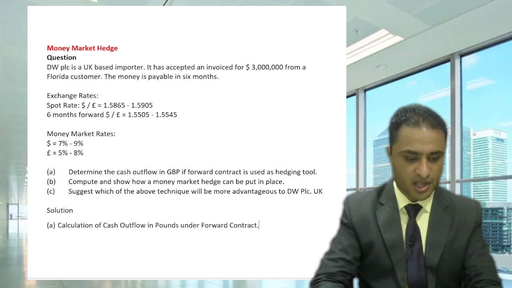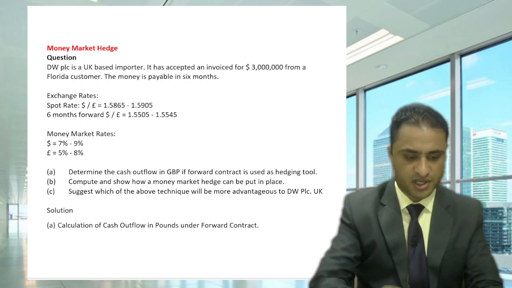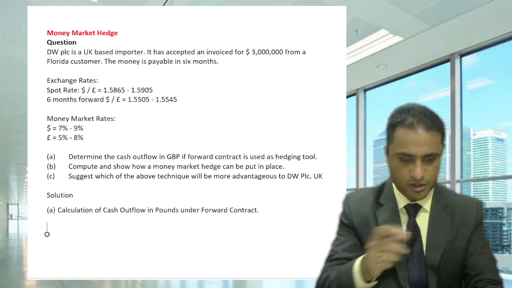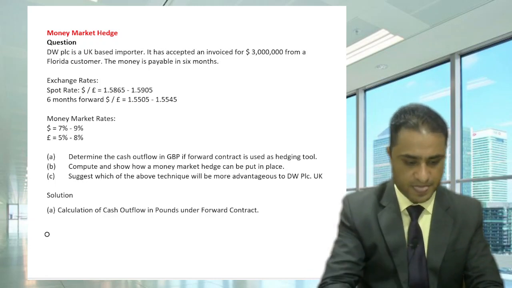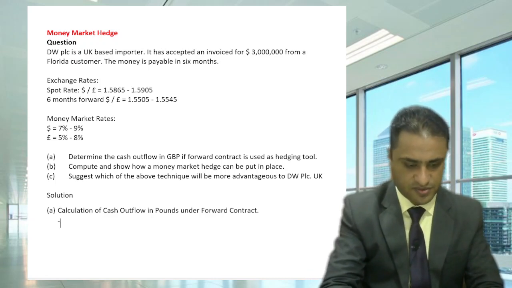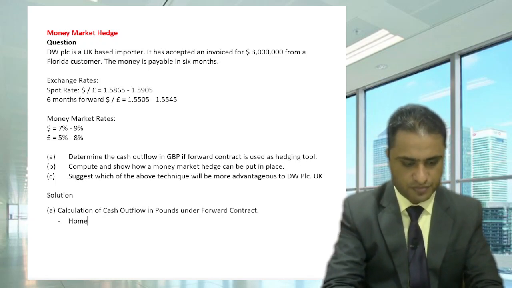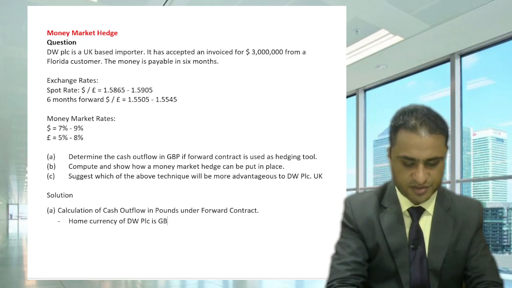So what we are supposed to do, let's first determine what we have and what we have to buy and what we have to sell. Let's go step by step. The home currency of DWPLC is the pound, or you can say Great Britain pound.